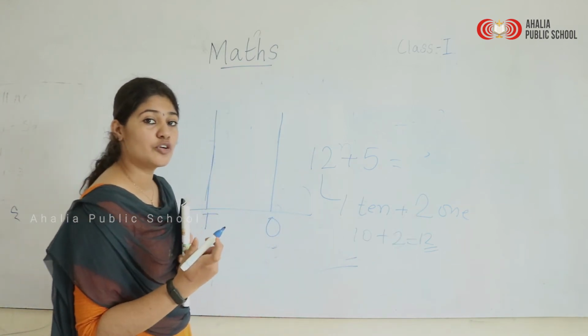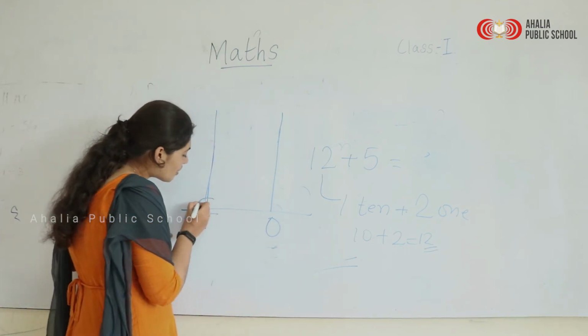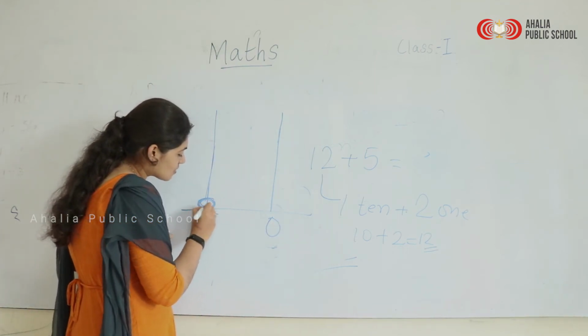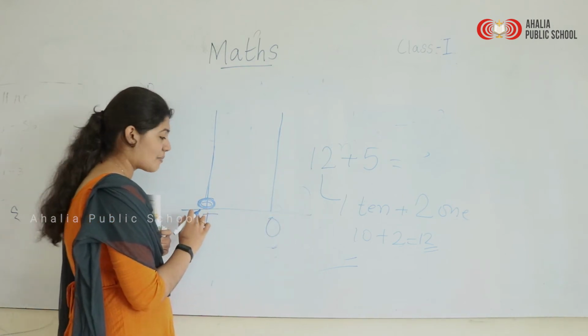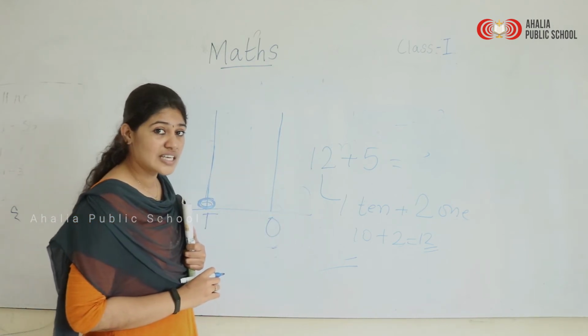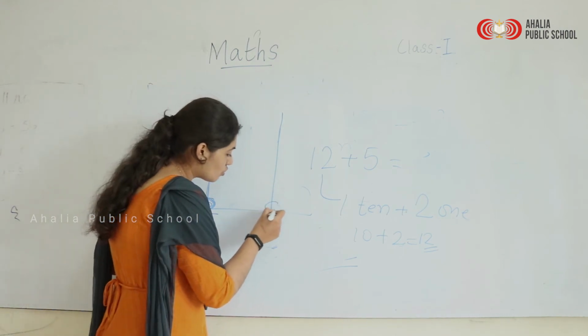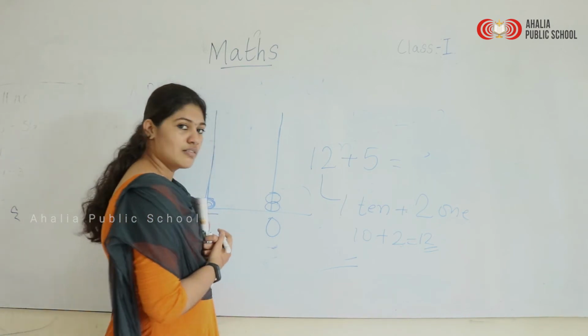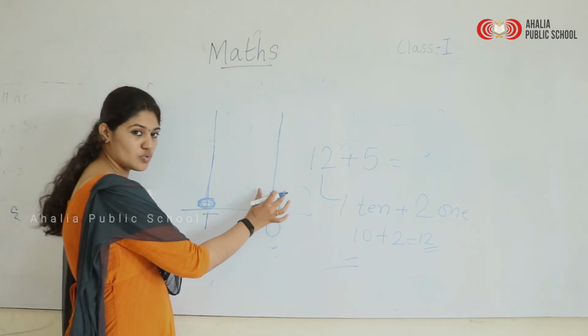So what we have to do? We have 1 ten here. So we have to put 1 bead in the abacus. Next, how many ones are there in 12? 2 ones. So 2 beads in the ones place. So this is what, children? 1 ten plus 2 ones, 12.